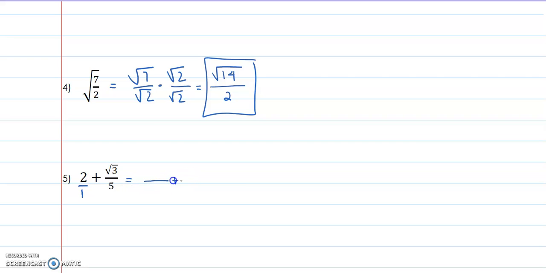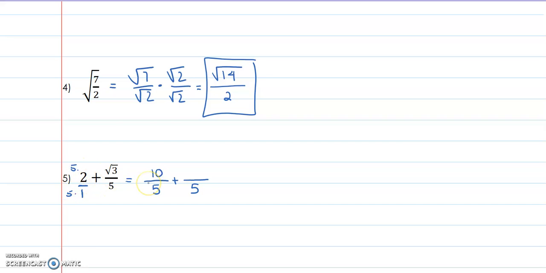So if I wanted to create a common denominator, I say, well, what do 1 and 5 have as multiples? And the least common multiple of 1 and 5 is 5. So now when I go to rewrite the fraction, I would have to take a 1, multiply it by 5, so let's multiply this also by 5.